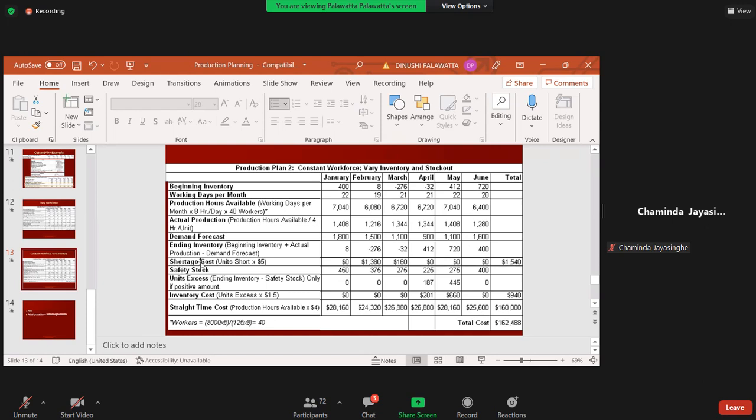When you add the shortage cost, 1,380 plus 160, you get 1,540. For inventory cost, you get 281 plus 668, 948. It should be different.